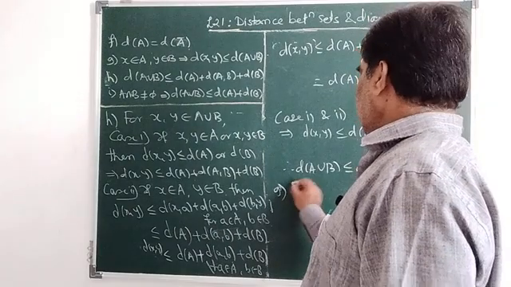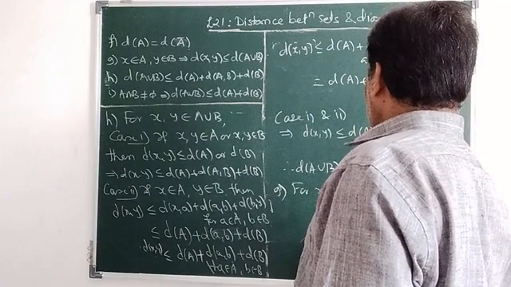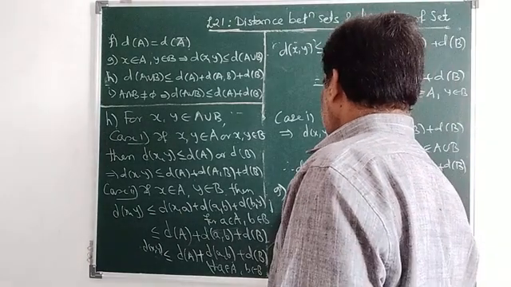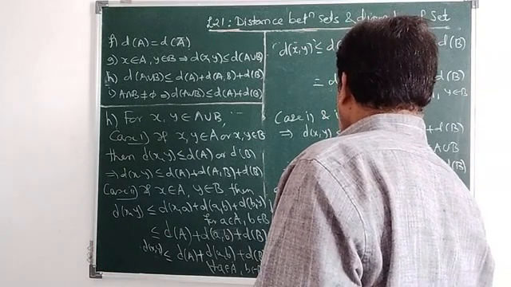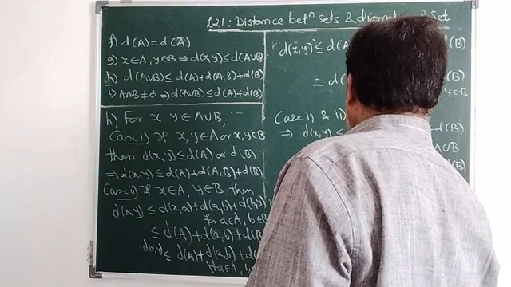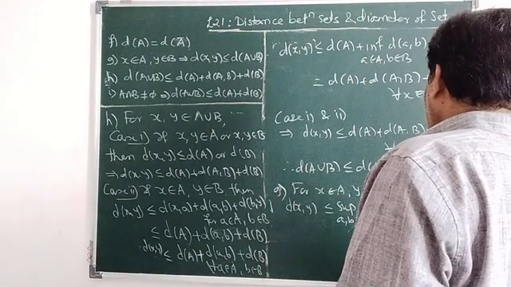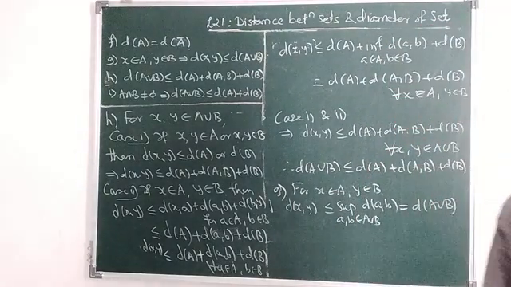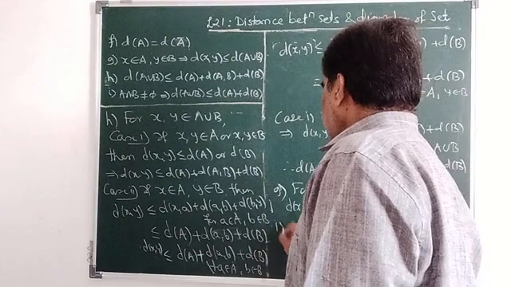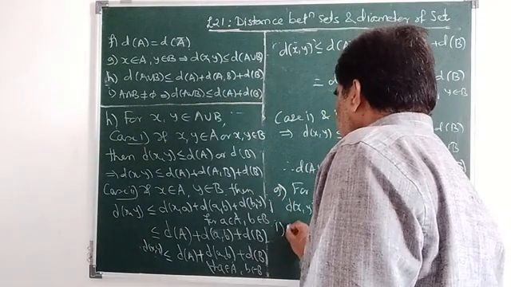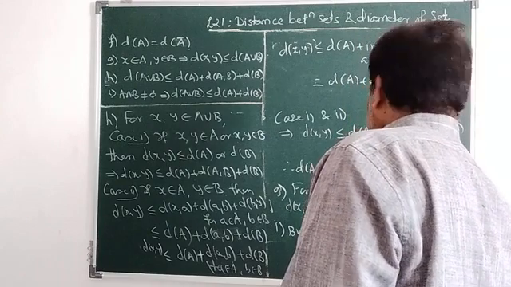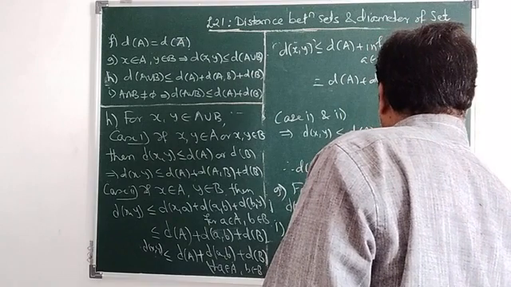For x belonging to A, y belonging to B, d(x,y) is less than or equal to the supremum of d(a,b), where a, b are in A union B, which is equal to the diameter of A union B. By H, d(A union B) is less than or equal to d(A) plus d(A,B) plus d(B).